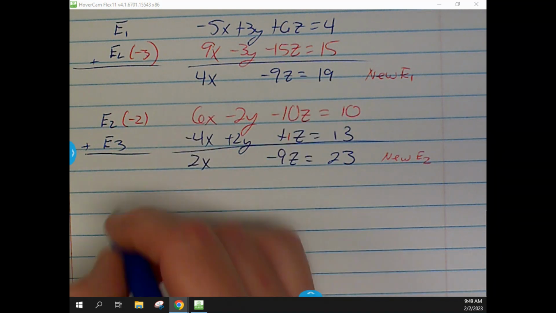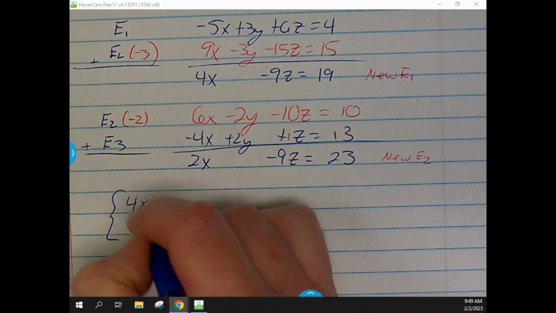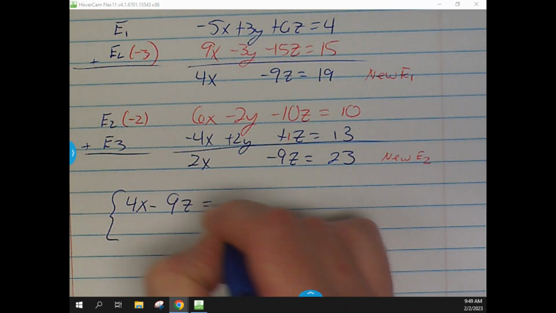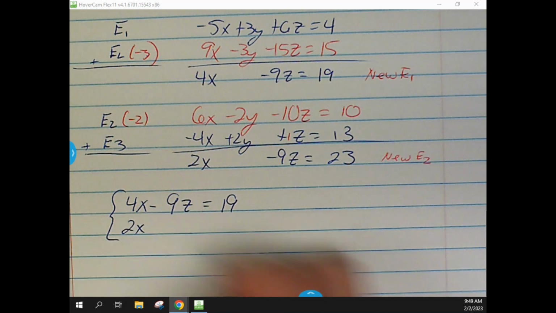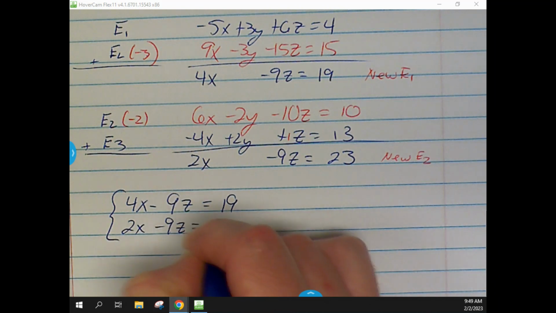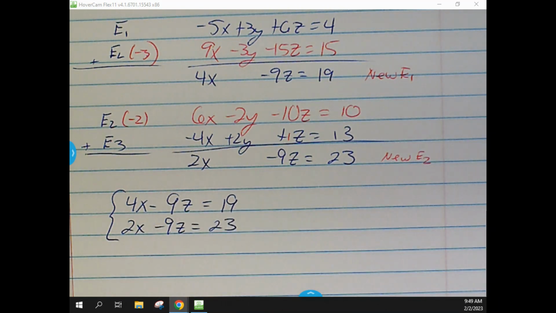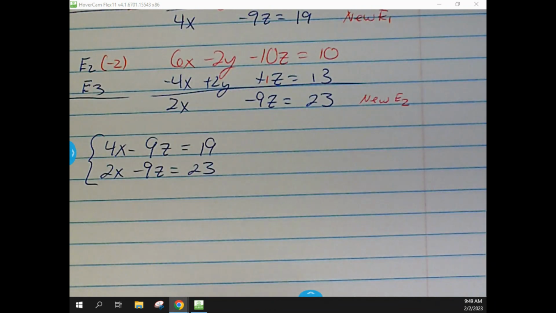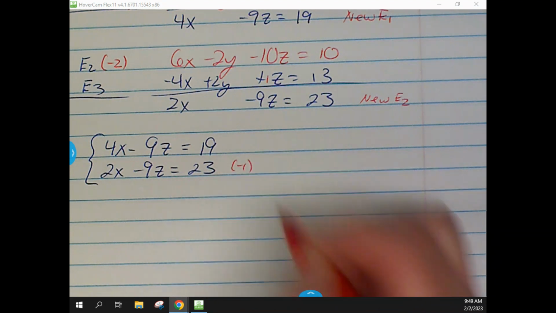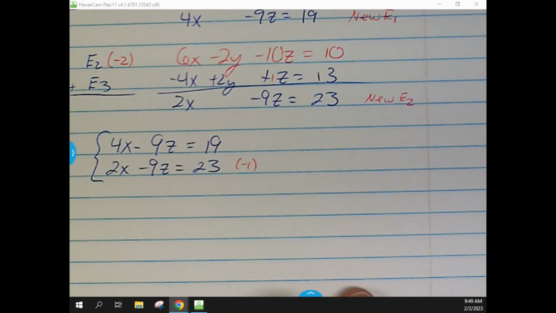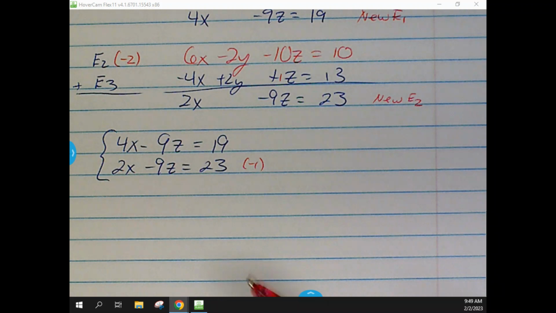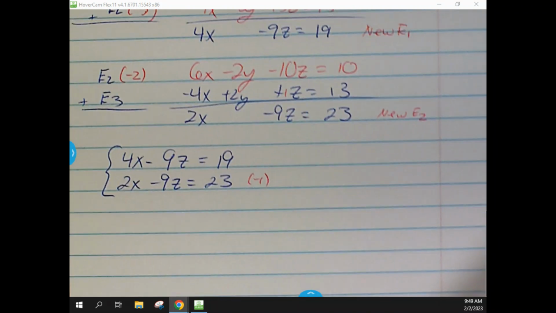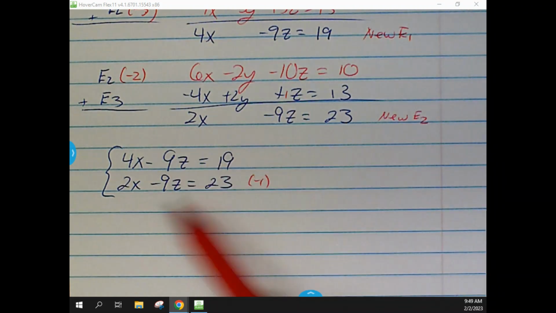We'll pull those two equations together, and then from there the math would be really easy, because the z's are almost the same. Then we would just need to take one of these equations, doesn't matter which one, multiply it by -1, and that's good to go. Again, it's just getting down to that point where you've got the same variable eliminated, because if you can eliminate that same variable twice and pull those together, that gets really easy, because that's what we've been working on the last few days, and it just kind of goes from there.